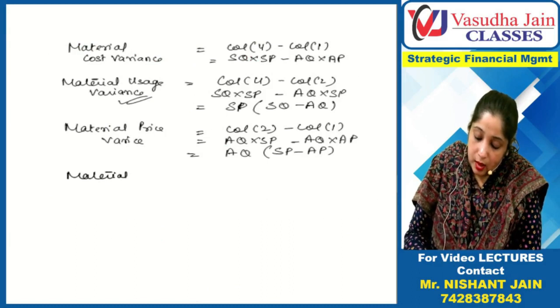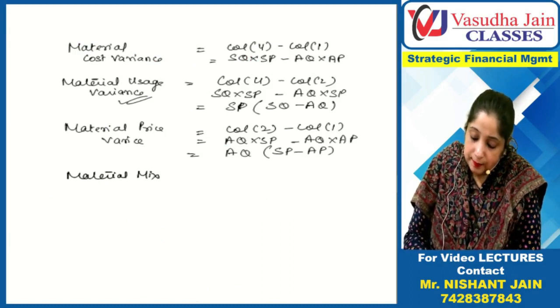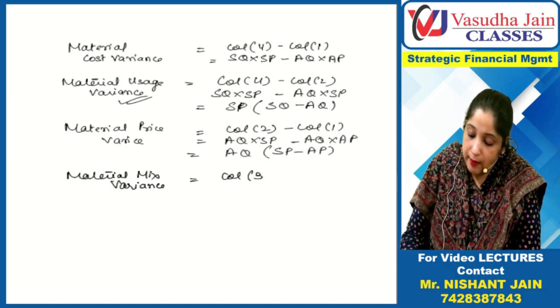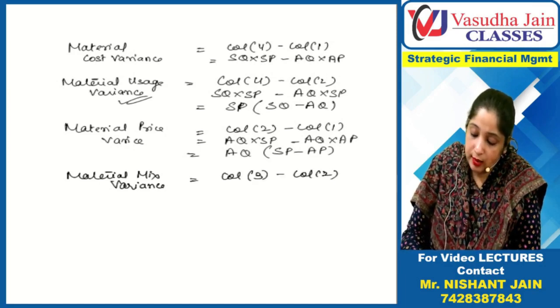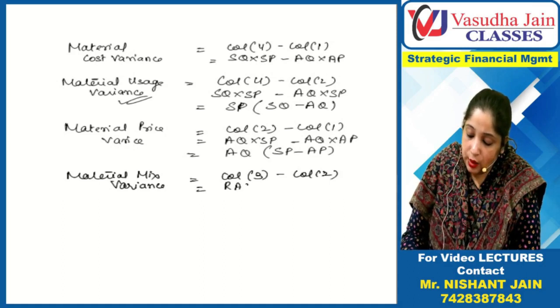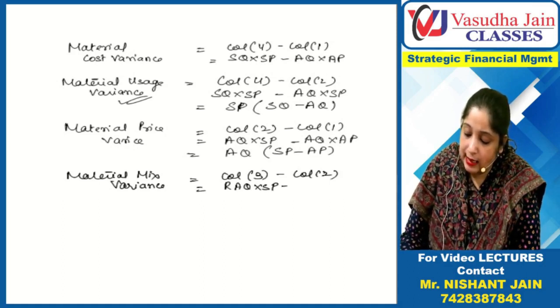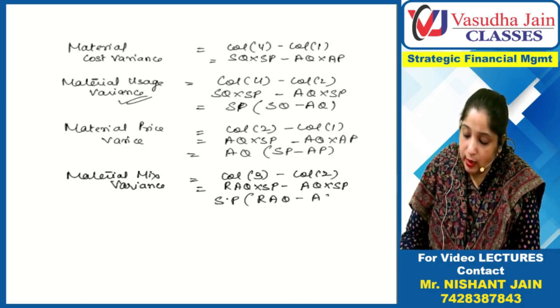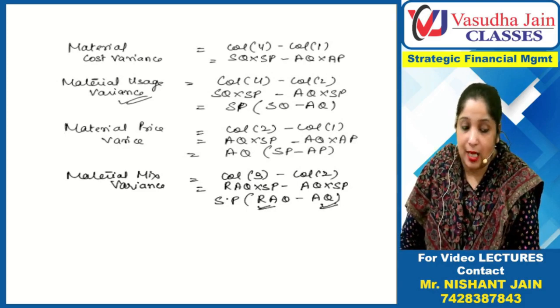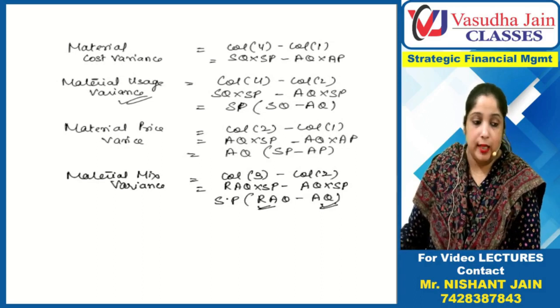Material mix variance, column 3 minus column 2, which is RAQ into SP minus AQ into SP. Now the price remains the same, RAQ minus AQ. What does this imply? That what should have been the standard proportion and what is the actual proportion. So that is the thing.